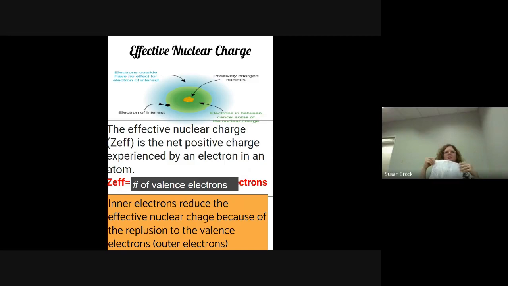So the shielding effect is actually greater over here. Over here, we get a higher effective nuclear force because we're going to have more valence electrons. So if you're talking about effective nuclear charge, it's how much force the nucleus is putting on the electron. All right, so a higher effective nuclear charge means there's more attraction. So a higher number, more attraction that the nucleus is putting on the electrons.